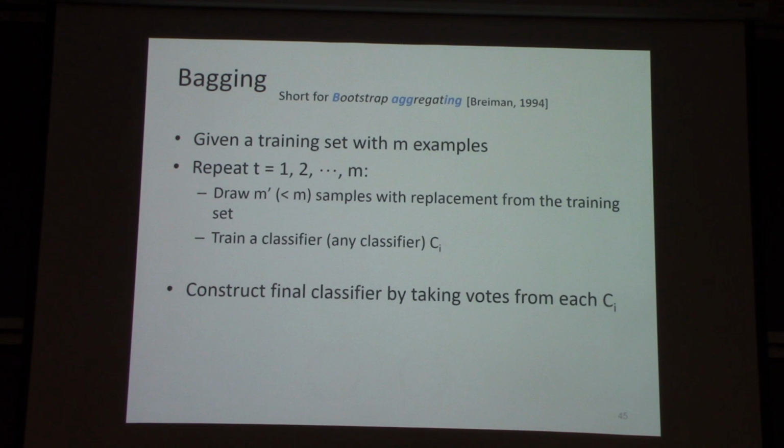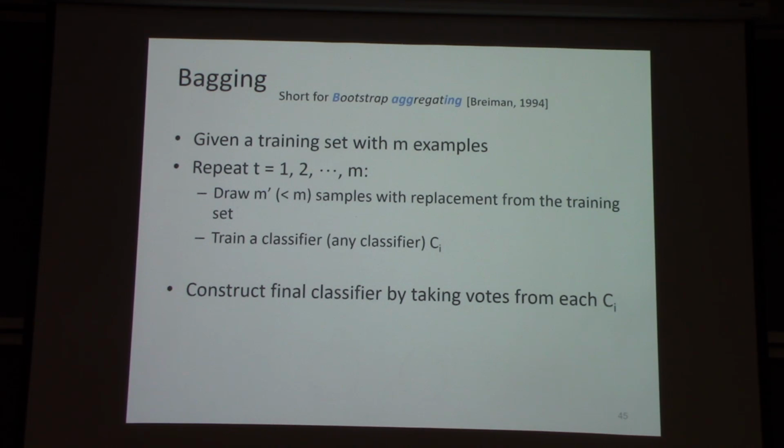Let's say your data set has m examples. You take your data set and you subsample from that. You sample a set of examples from your initial data set with replacement. So you pick an example, you keep it aside, you put it back in the pot, you again sample one, you do this a certain number of times, m prime times.